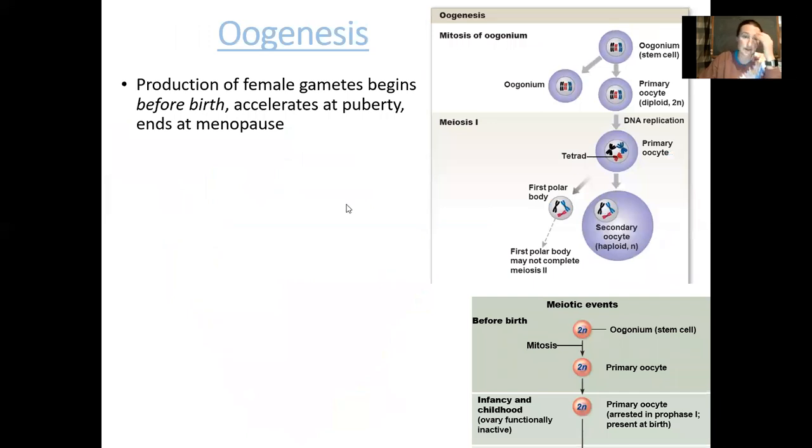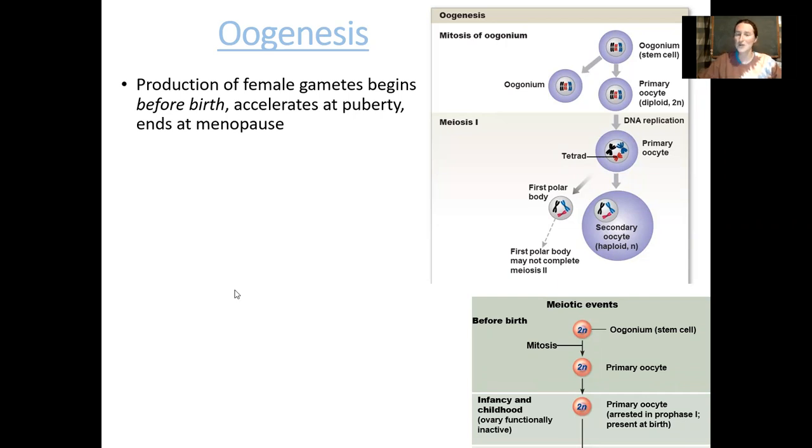So oogenesis. This process, unlike in males, begins before she is even born. So literally, the half of you that came from your mom, right, the egg that made you eventually, was literally started. It formed in your grandmother. And so I'll say it again, you started your formation in your grandma, which is kind of crazy, but that's how that works.